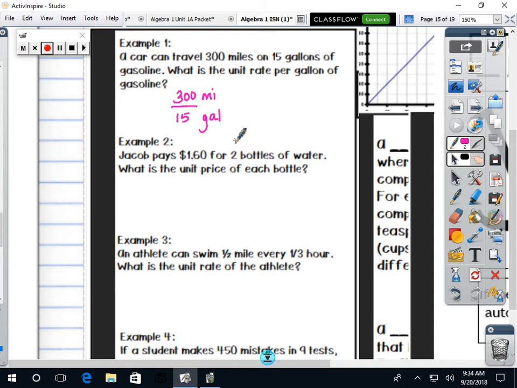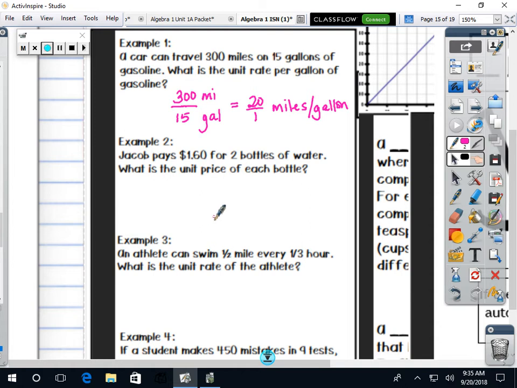And then you'll just divide it. What is 300 divided by 15? 20. Now remember, it also said with the unit rate, the denominator is also always a 1. Well, isn't this technically 20 over 1, even though you don't have to write the over 1? Okay, so it's 20 miles per gallon is the unit rate for this car, how much this car can travel.